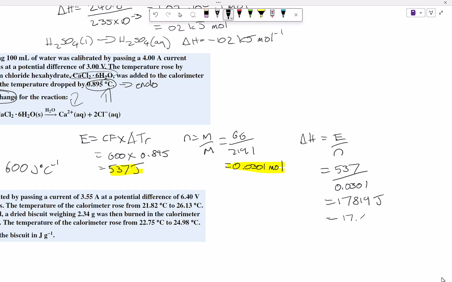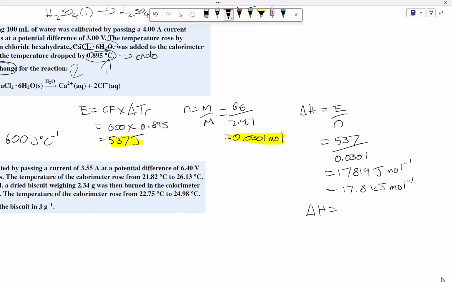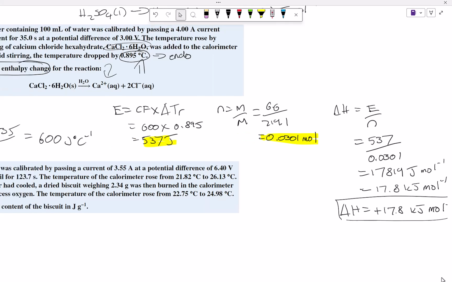That should be per mole. So delta H fully is going to be plus, because it's endothermic, 17.8 kilojoules per mole. And that would be our answer. Now, I was going to do this one, but I'm not going to do that now because the video is long enough as it is.